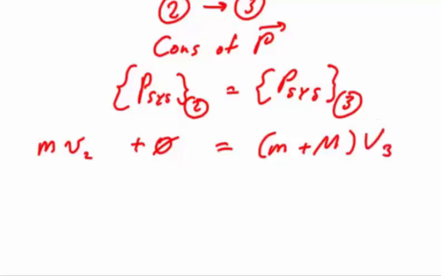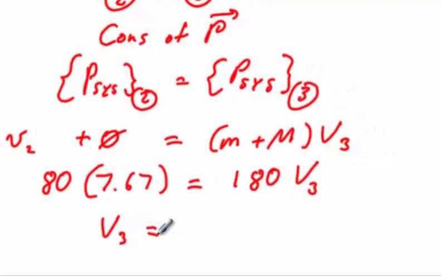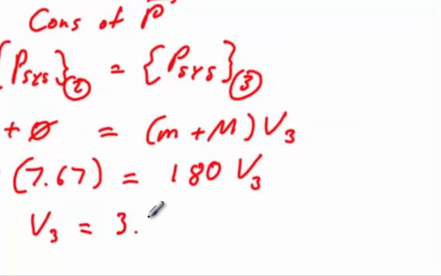Filling in what we know yields the following. 80 times 7.67 is 180 times V3, so the capital V3 is equal to 3.41 meters per second.